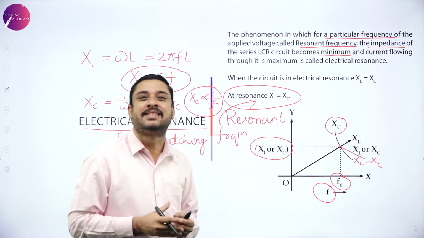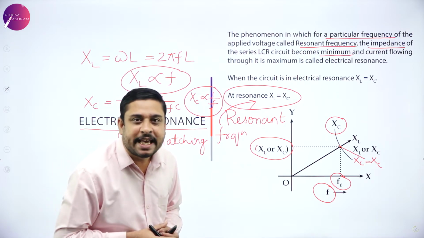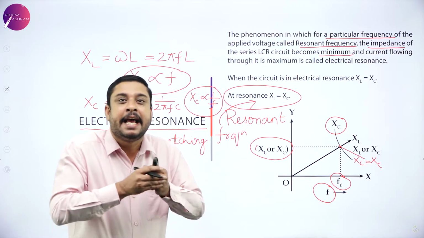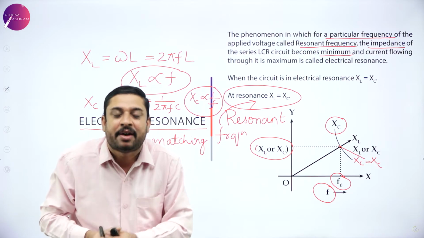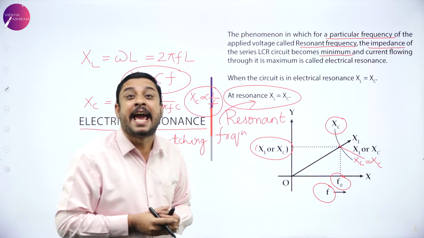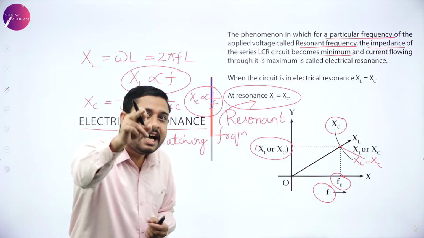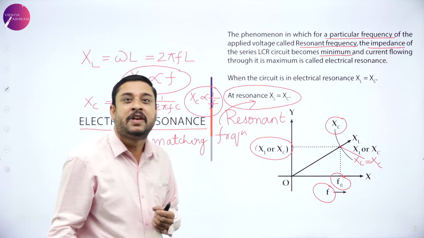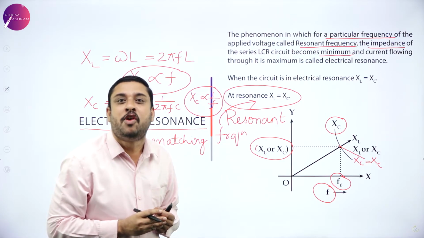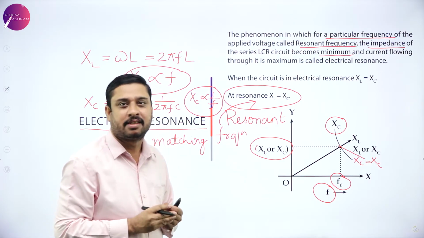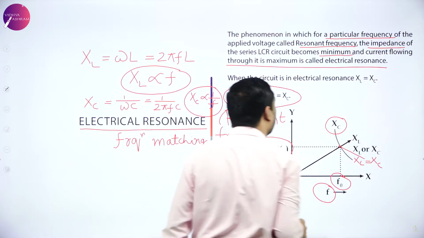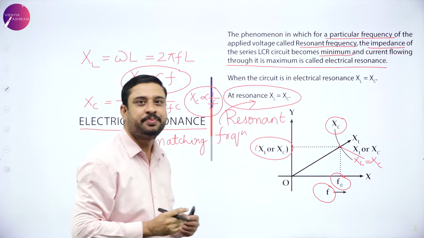It was the opposition offered by the inductor, capacitor and resistor together for the flow of AC current. So whenever resonance is achieved, that opposition to the flow of AC current reduces, and hence current flowing through the circuit is maximum.